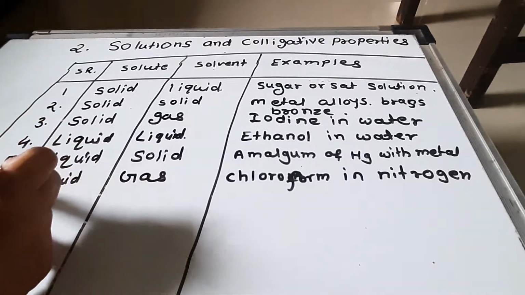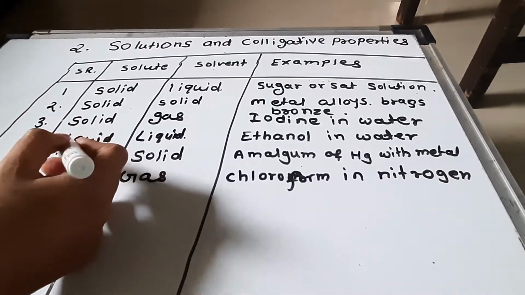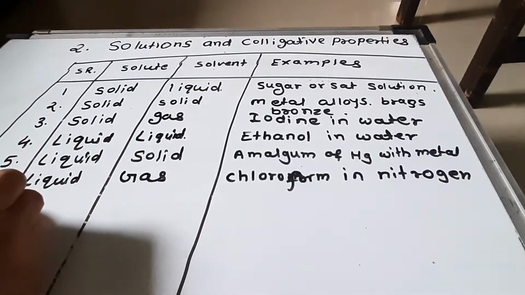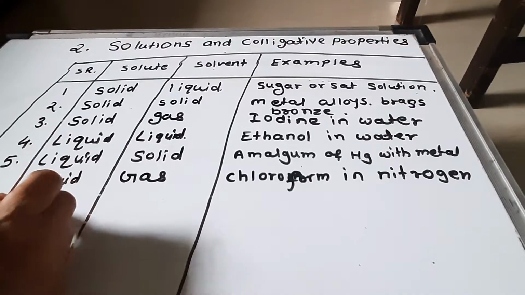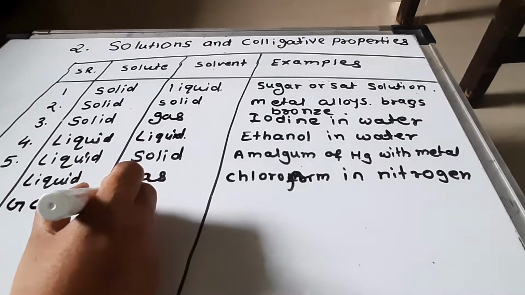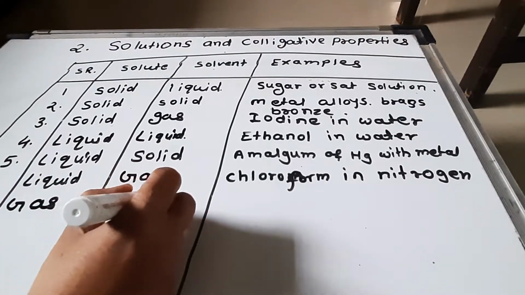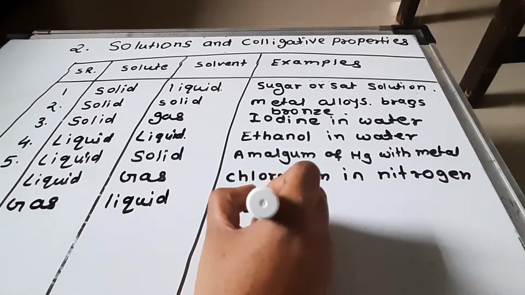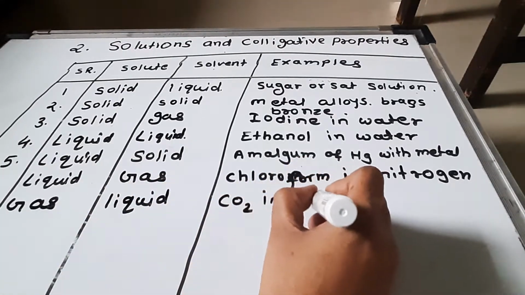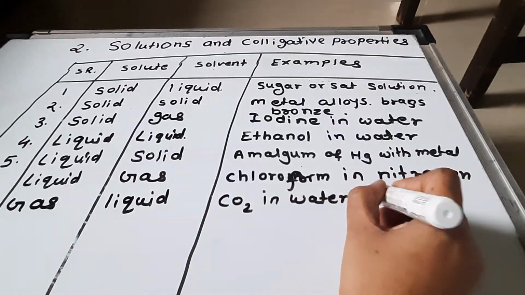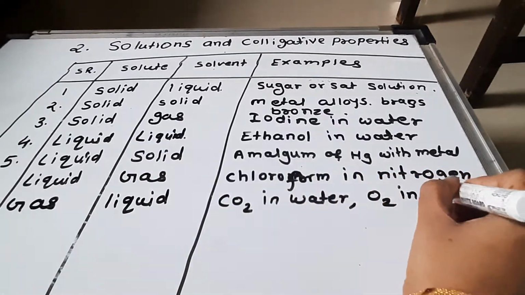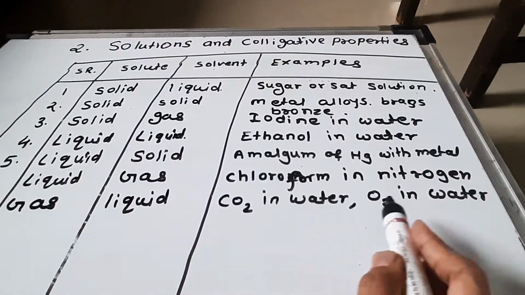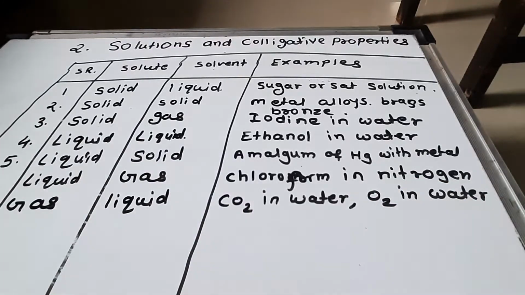These are the 4, 5, 6 types, where solute is the same, that is liquid, and now we'll start gas. Gas in liquid, CO2 in water or O2 in water. Carbon dioxide in water and oxygen in water.